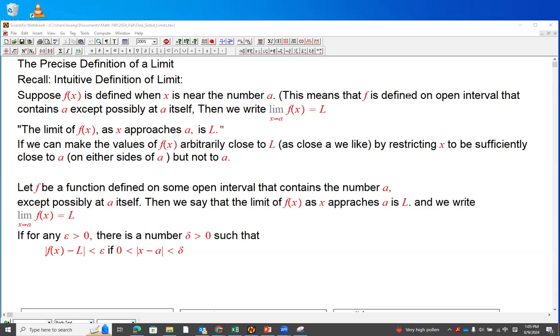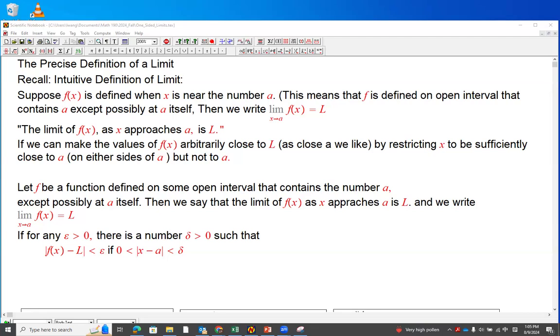This means f is defined on an open interval that contains a, except possibly at a itself. Then we write the limit as x approaching a, f of x is equal to L. We also say that the limit of f of x as x approaches a is L.